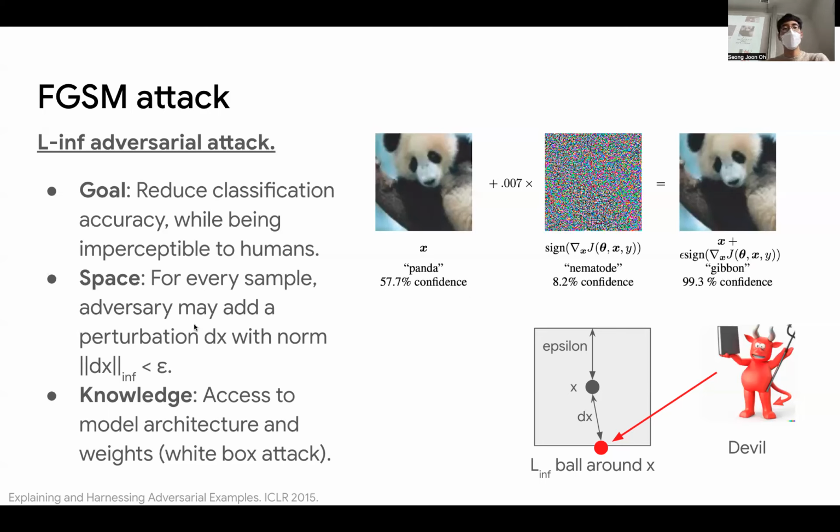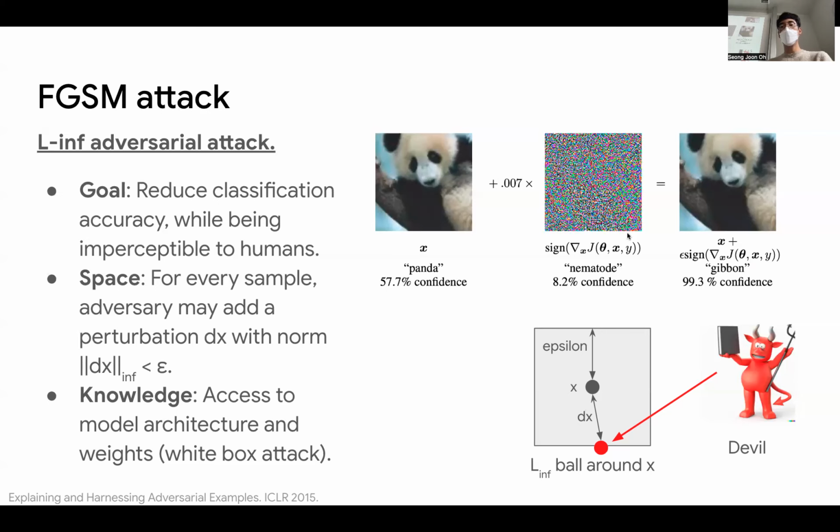So now we have this requirement that the attack should not be perceptible to humans. And that is partially satisfied by saying the L infinity norm of your perturbation should be less than epsilon. Because, for example, this attack here is very visible for now, but if you take a scalar multiplication of 0.007, then it becomes imperceptible to humans.